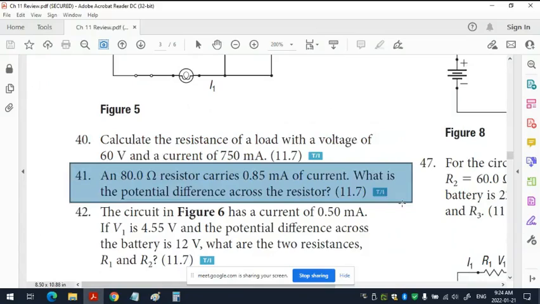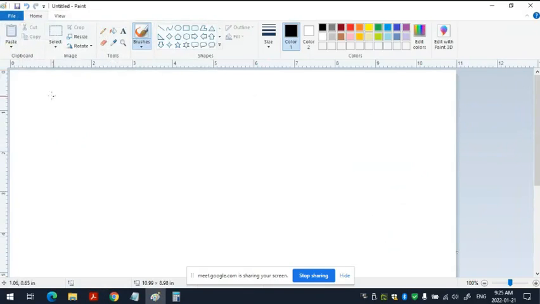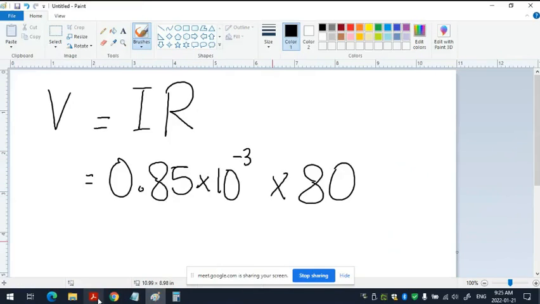This one, an 80 ohm resistor carries 0.85 milliamps. What is the voltage difference across that single resistor? What equation? V equals IR, exactly. It's just a multiplication now. So, that's it.